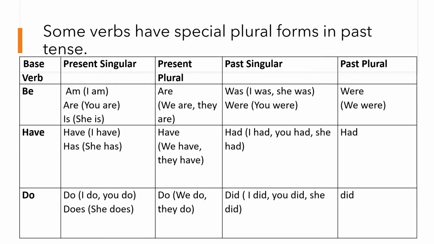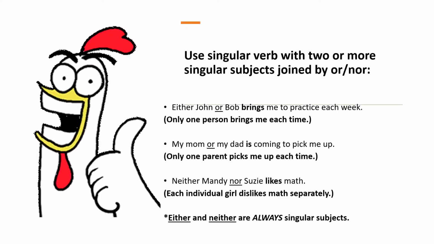But if you think about it, a lot of us commonly misuse these simple everyday verbs when it comes to the plural, and especially plural in past tense. When we're looking at complex situations of joining two singulars or joining a singular and a plural, then we mix it up and we use the wrong verb. So we're going to go over all of that.